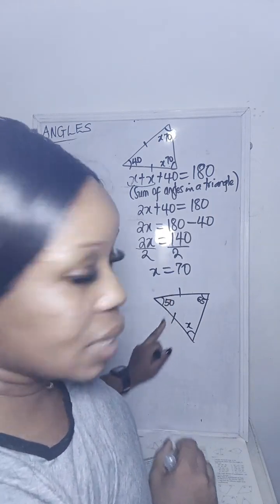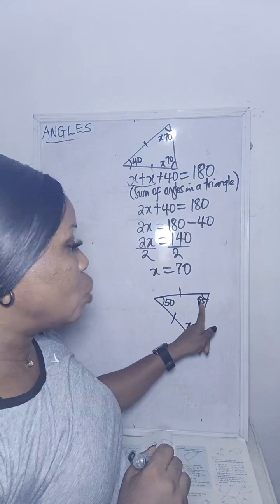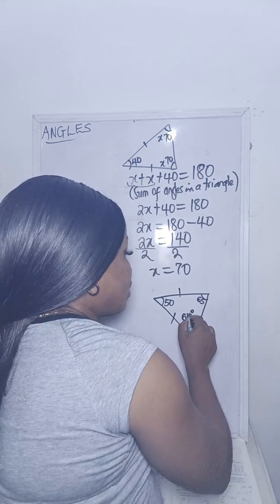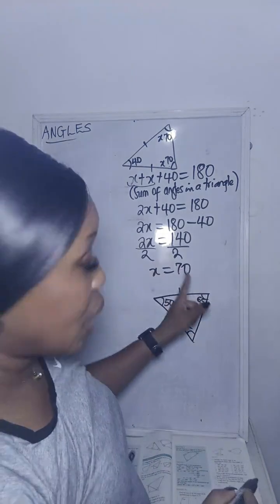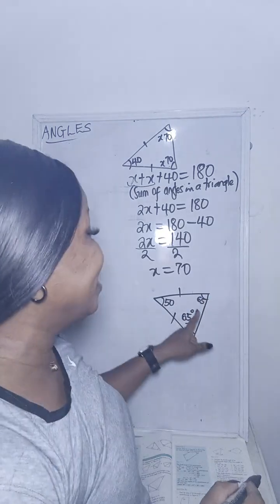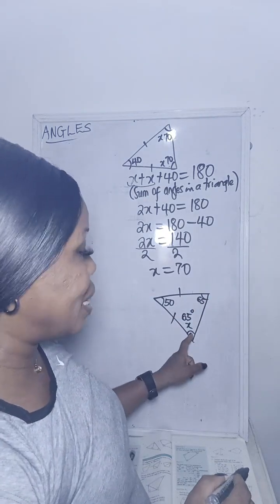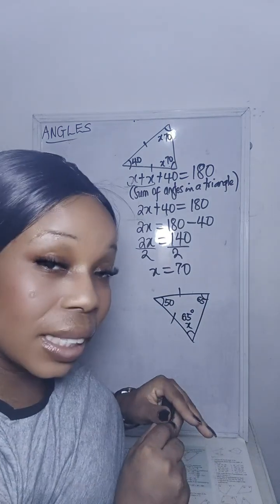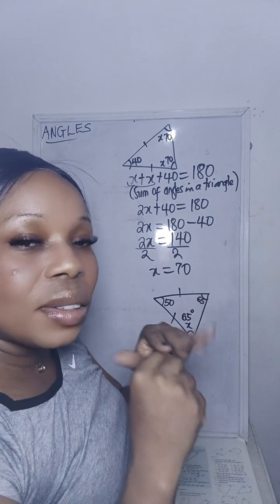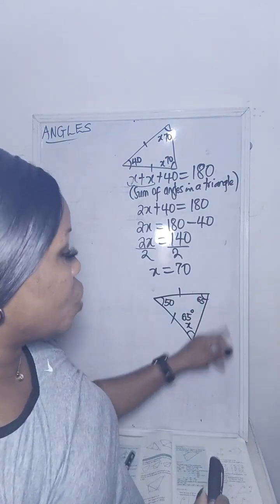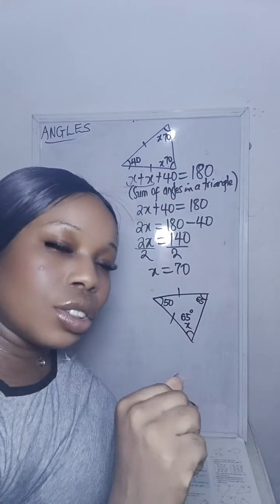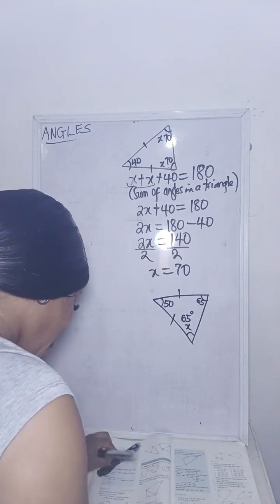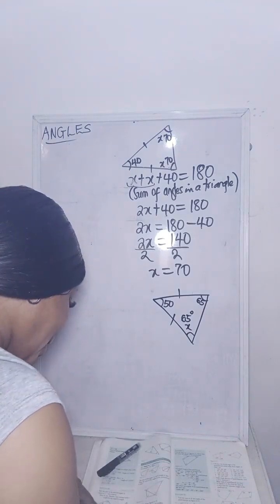Because this is an isosceles triangle and you've been told that this angle is 65 - why do I keep saying side? This angle, not side, please. This angle is 65. So automatically, this angle will also be 65 degrees because it is an isosceles triangle, and those are base angles. Base angles in an isosceles triangle are equal. All right. So I hope that is clear.